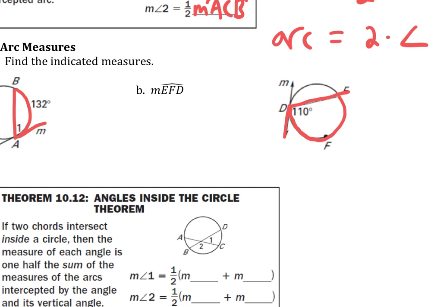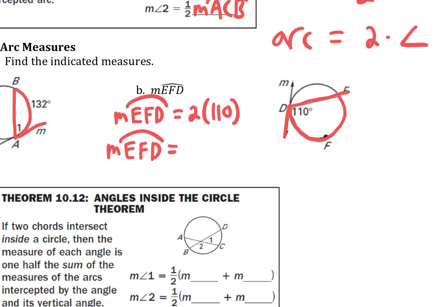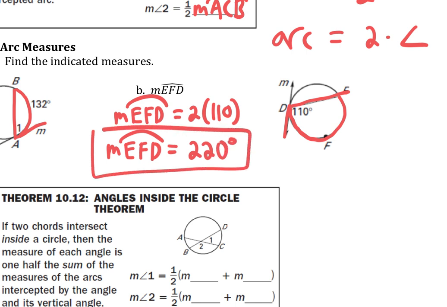It's going to be double, right? So measure of arc EFD is going to be double that angle, just like inscribed angles from before. And so that will be equal to 220 degrees. And there we go.